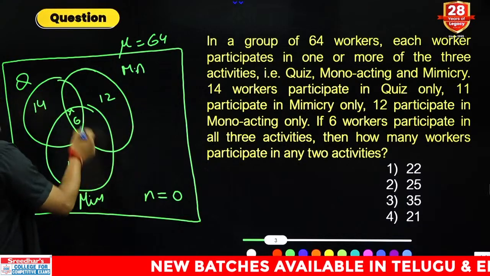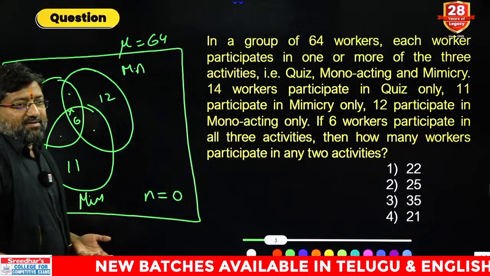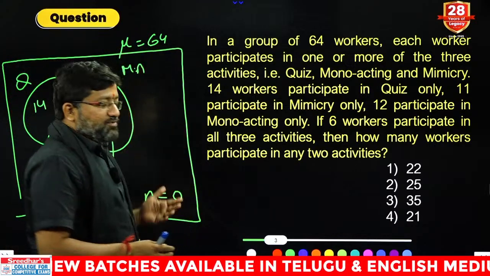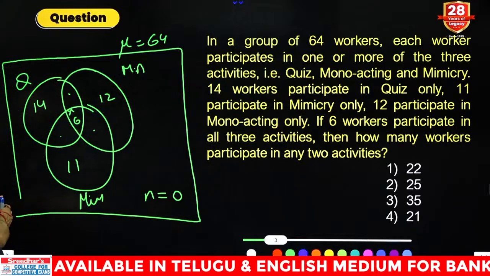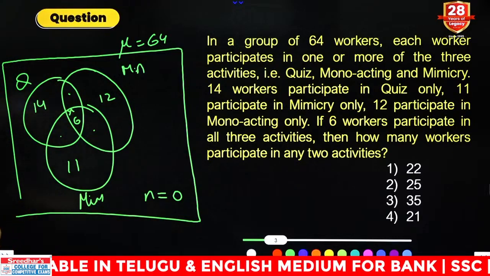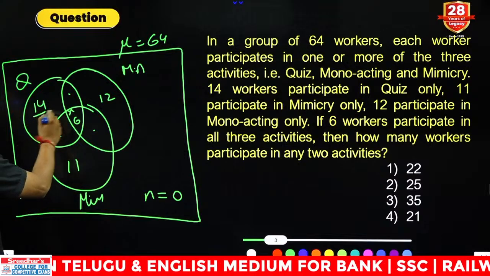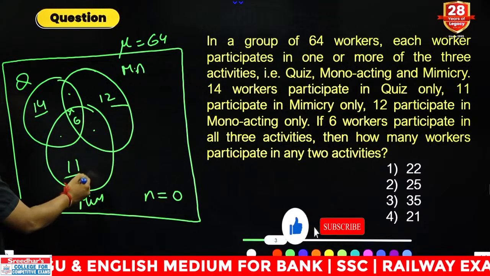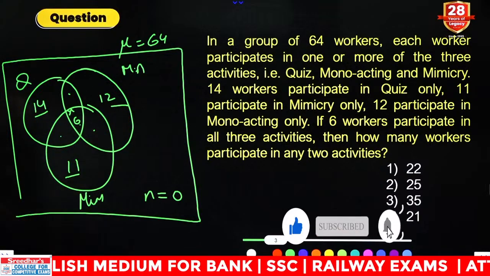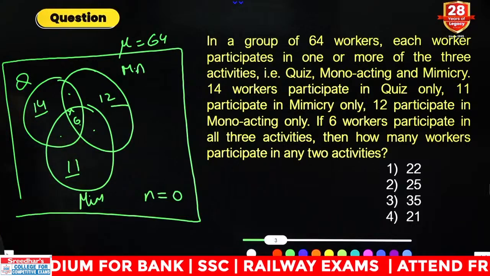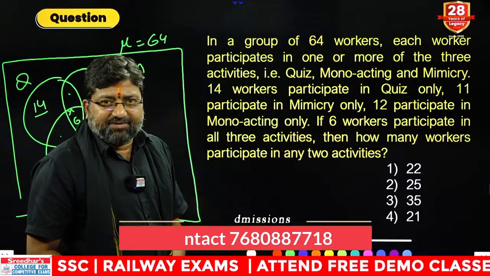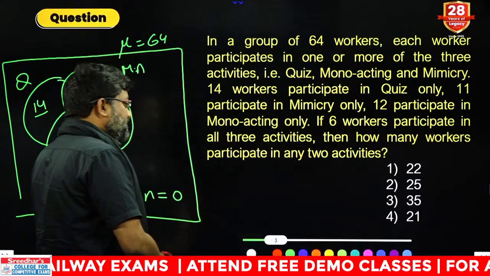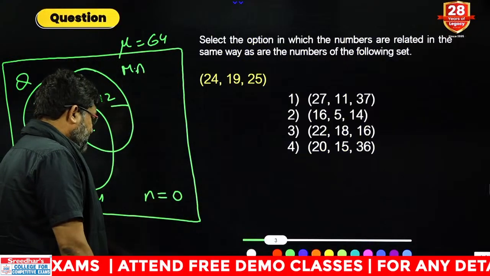If we add all of these and then subtract from 64, that is what I get. So 14 plus 12, 26, 26 plus 11, 37, 37 plus 6 is 43. 64 minus 43 is 21, that is my answer.